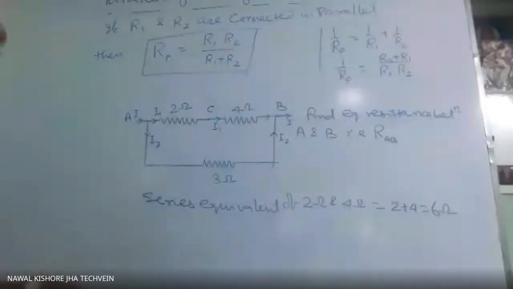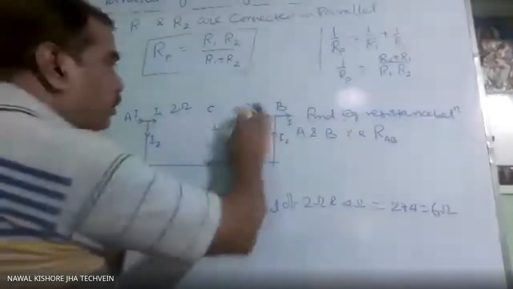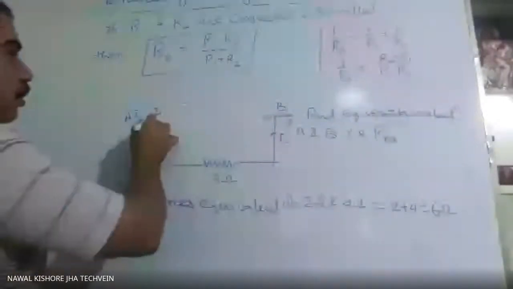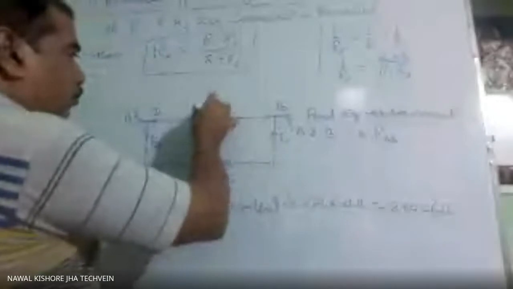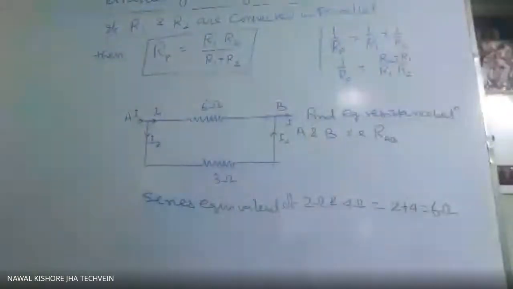Now in our mind we will think, okay, in place of this we are considering only one resistance, which is 6 ohm. Now are they in parallel? Yes, they are in parallel.